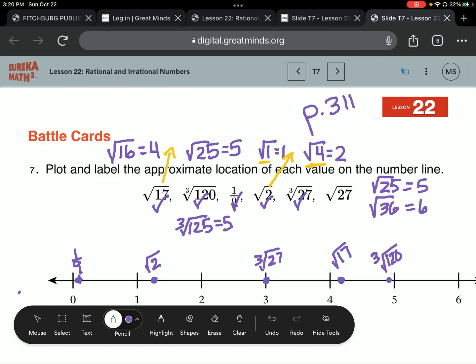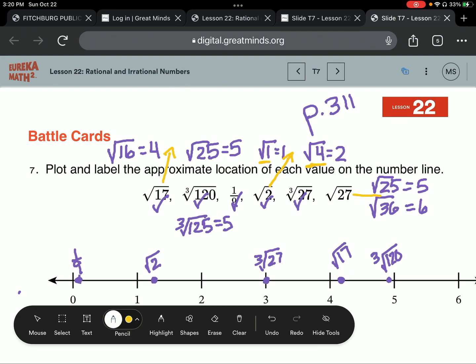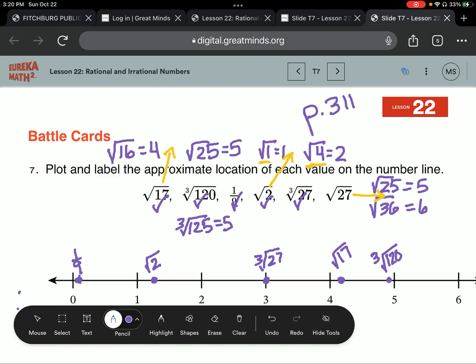So I'm going to notice right away, hopefully, that 27 does come in between 25 and 36. Since 27 is closer to 25, I know the square root of 27 is going to be closer to the square root of 25, which is 5. Again, this is approximate. It's going to be closer to 5 than it is to 6. It's definitely not in the middle. It's definitely closer. So I'm going to put the square root of 27 right here. Hopefully that looks like a 27.